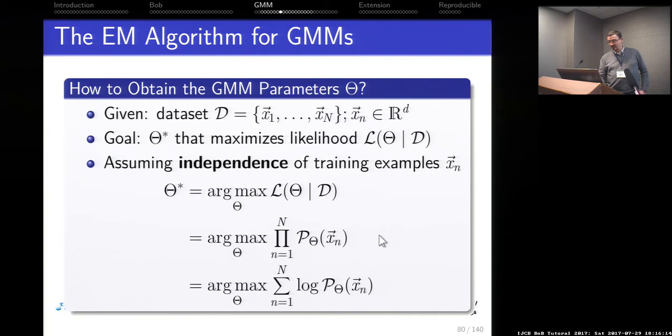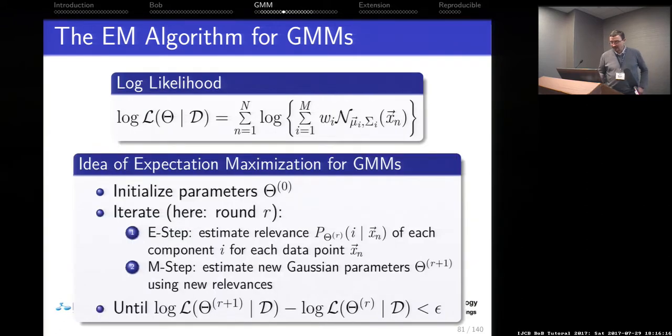And the idea is that you do that in a 2-step process. So after initializing your parameters to some value, and I will come to that soon, we do an iterative step where you have an E step, an estimation, and an M step, a maximization step.